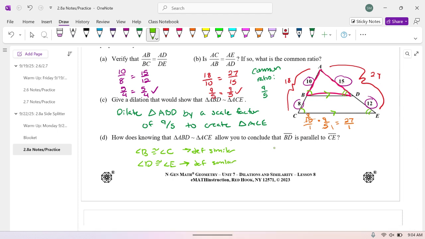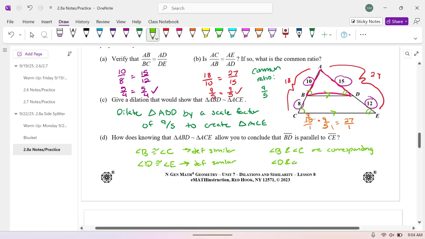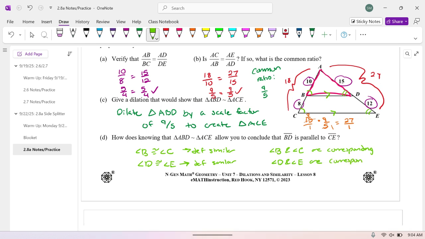Well, both angle B and angle C are corresponding angles. And angle D and angle E are corresponding angles. We can just tell because they're corresponding angles in the same triangle. All right, not because they're corresponding parallel, they're corresponding within the same triangle.